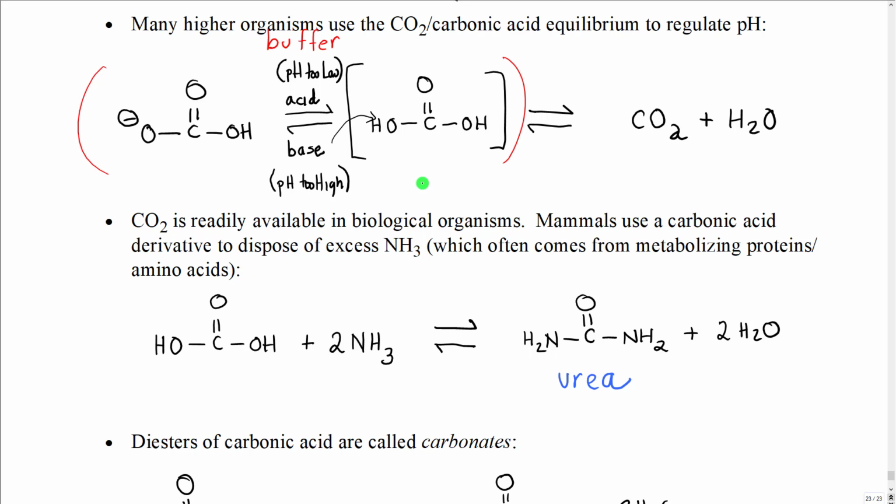So that's the blood plasma, the cytosol of the cell, the interstitial fluid. All of these aqueous environments have a pH that's maintained by the presence of carbonates and carbon dioxide. Now here's how this works.